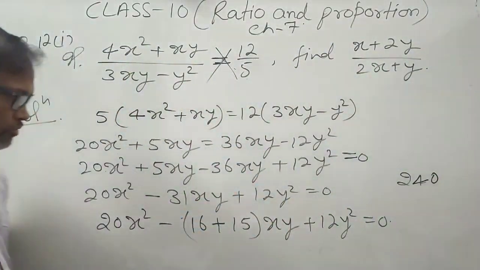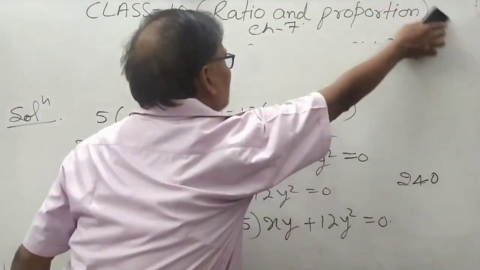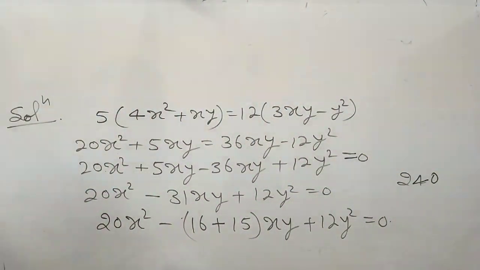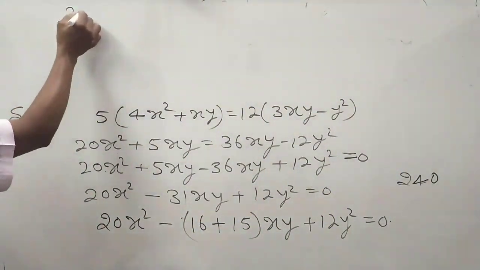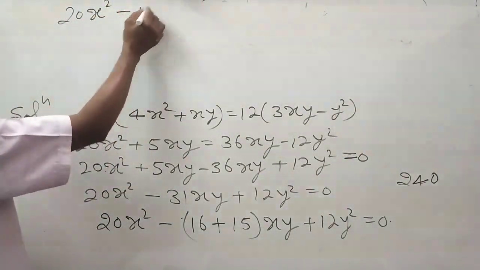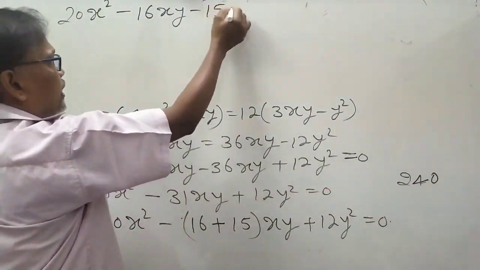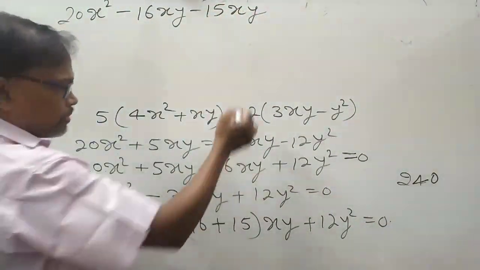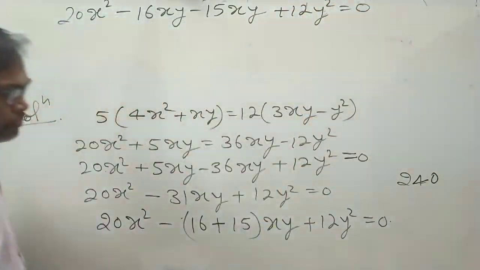So 20x square minus 16xy minus 15xy plus 12y square is equal to 0.